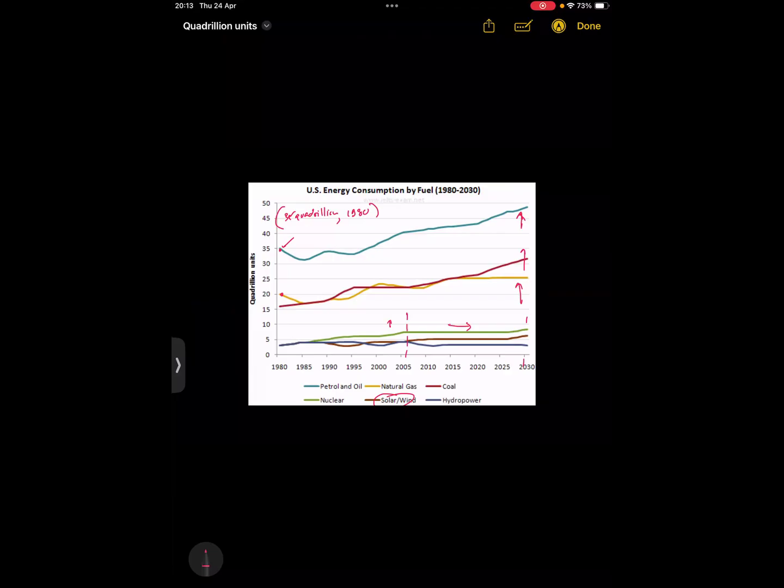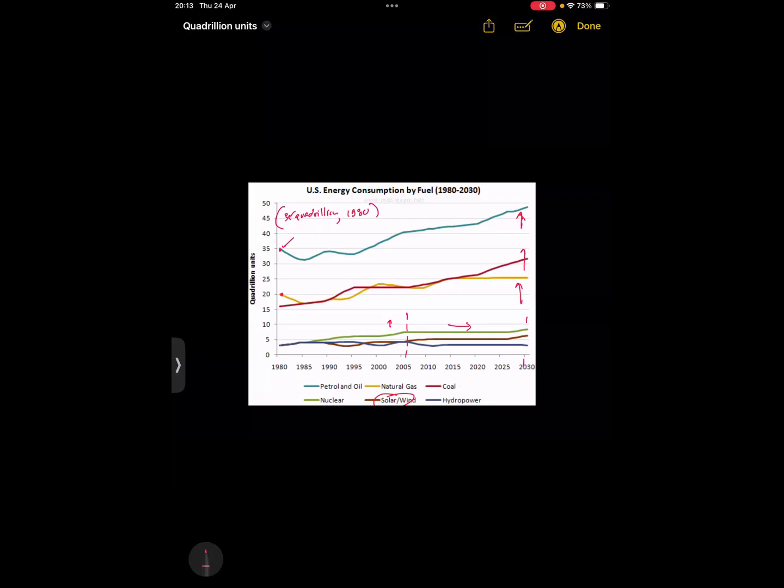So coal and nuclear have an increase in energy produced from these sources from 1980 to 2005. But after that, the amount of energy coming from nuclear remains stable.